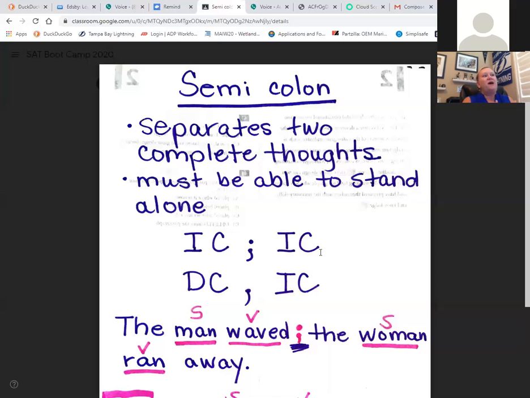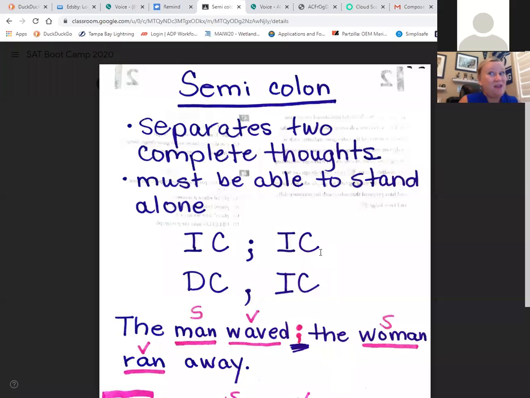But if you look at the bottom of the little example there, the man waved, the woman ran away. If I just read it straight through, those ideas don't really go together. The intention of that statement, though, if I read it with the semicolon in there, the man waved; the woman ran away. You hear my inflection is even different.